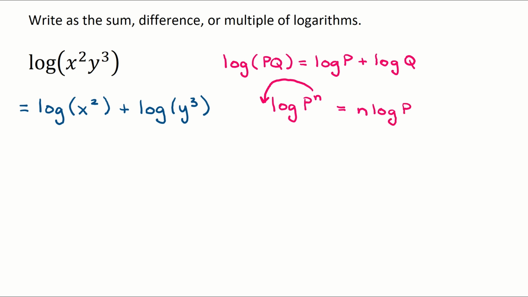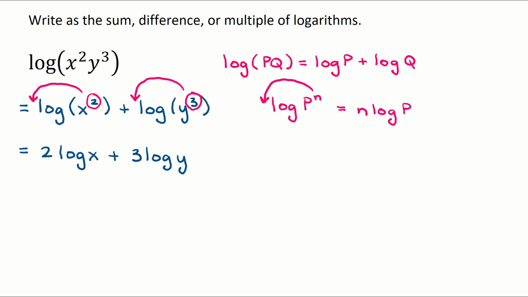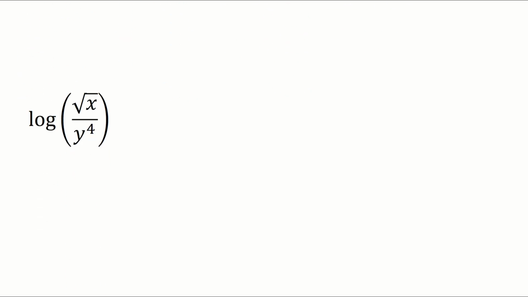So in this case, we can take the 2 from the x squared and bring it out in front, and we can do the same thing with this 3. That turns this into 2 log x plus 3 log y. Let's look at our next question.